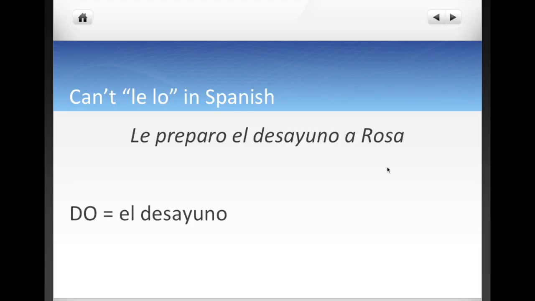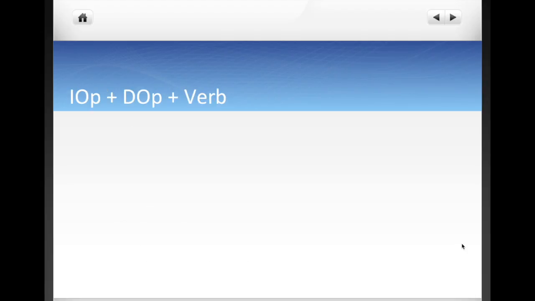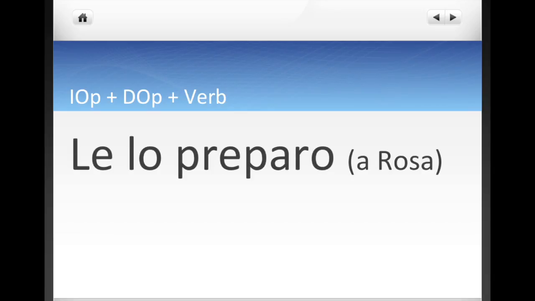I also have a direct object, el desayuno. What do I prepare? Breakfast. So I can replace that in the sentence with a direct object pronoun, which would be lo. So if I want to rewrite the sentence and replace the direct object and the indirect object is included, I'm going to end up with a lay-lo situation, where I have le, lo, preparo, le and lo together.